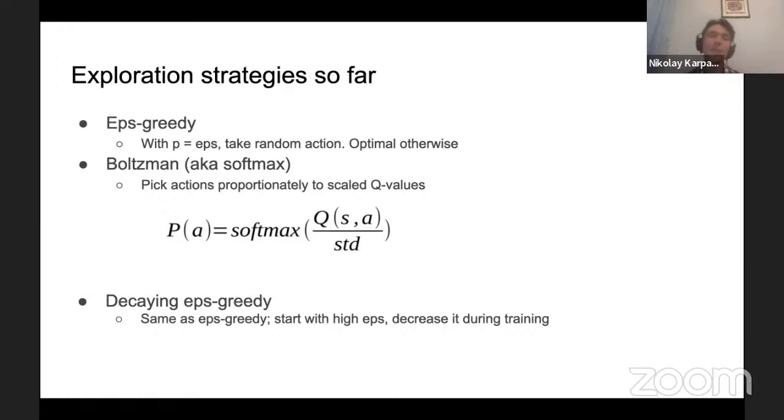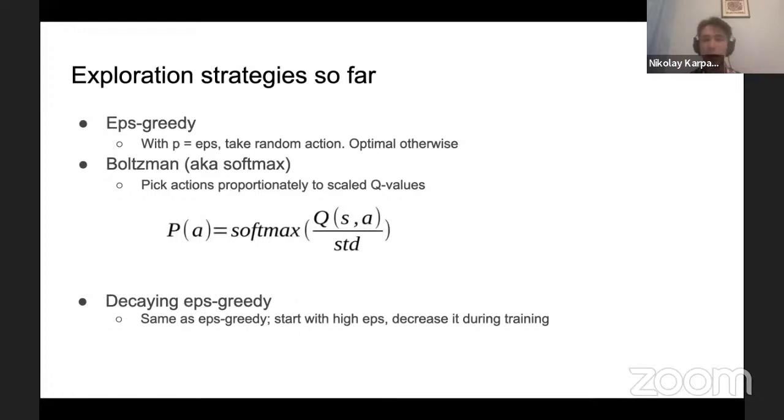Select a random action with probability epsilon, where epsilon is not very high, and with the rest of the probability, select the optimal action from the agent's perspective. There is also decaying epsilon greedy, which is a slight modification where we change the exploration extent, changing epsilon as we progress during training and as we learn more about the world.